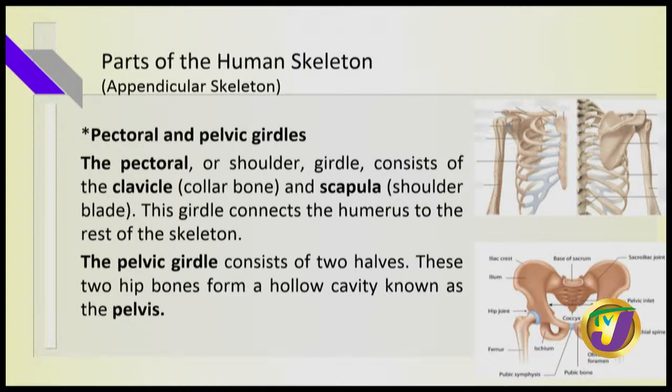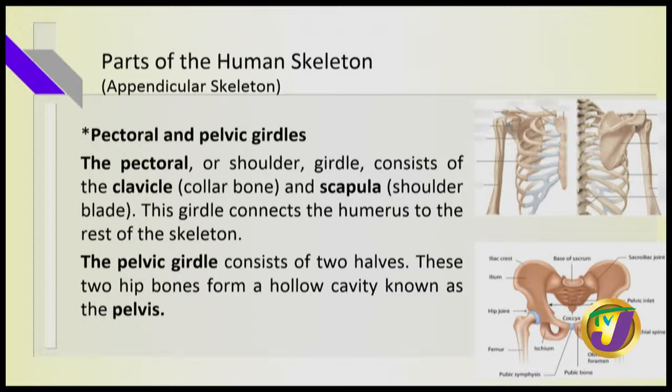I spent a lot of time with my grandmother, and when you're not eating well, she says your collarbone is showing. That's what I call a clavicle. The common name is collarbone, but the scientific name is clavicle. And you have the scapula, which is your shoulder blade. These two bones form the pectoral girdle, and they attach your arms to your axial skeleton.